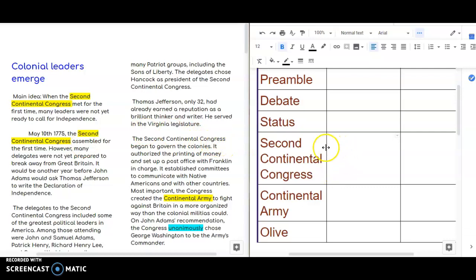So over here where I have the vocabulary sheet, I'm just going to type in the sentence where I found the word Second Continental Congress. It says May 10th, 1775, the Second Continental Congress assembled for the first time.